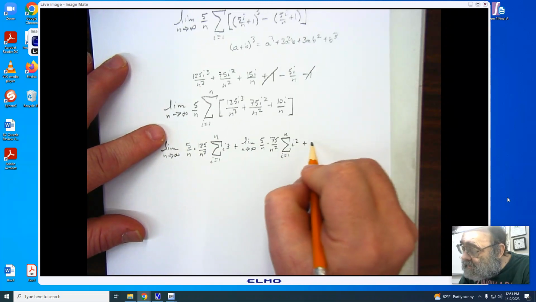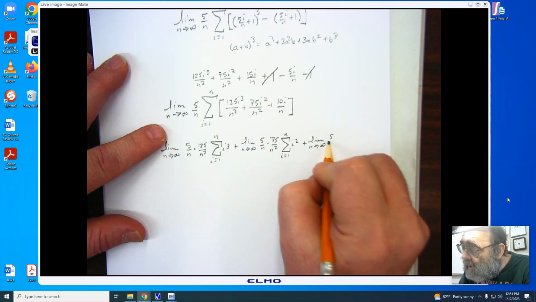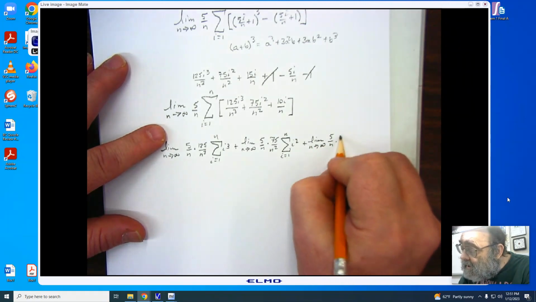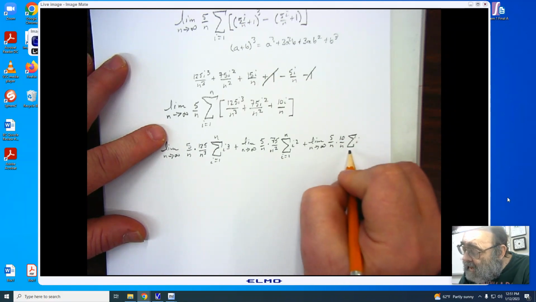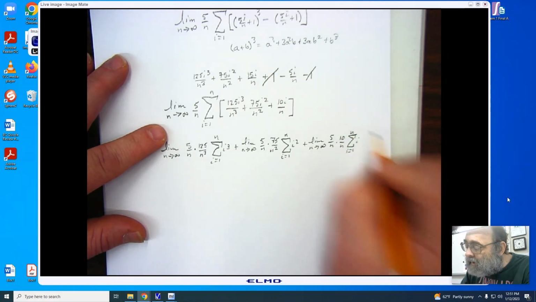Last term, plus the limit as n approaches infinity for 5 over n times 10 over n times the summation of i as i moves from 1 to n.